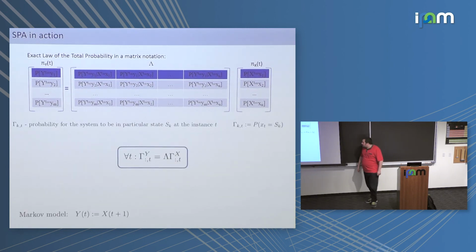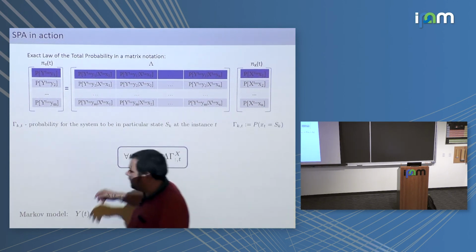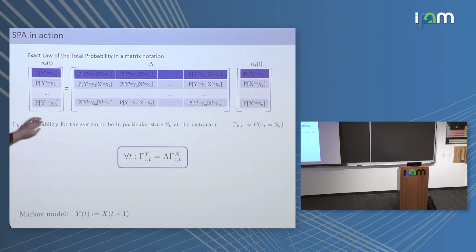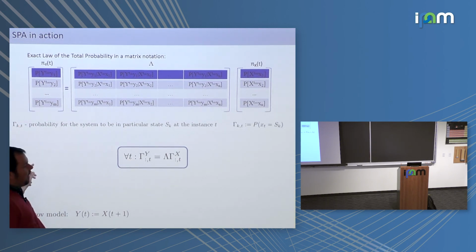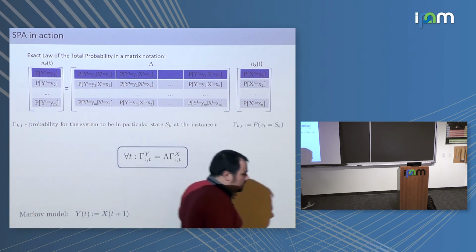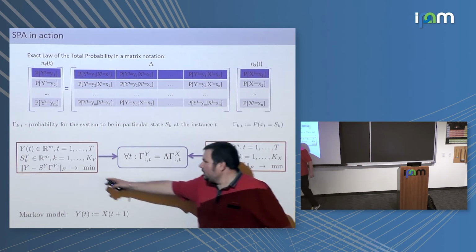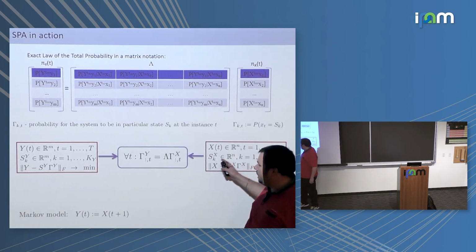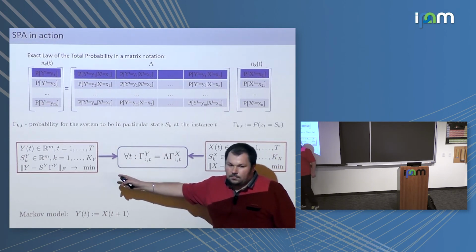So it looks like this, and this gamma, these probabilities of X and Y being in a given state, can be taken from SPA. So if I have two continuous signals, X and Y, I can apply SPA to both of them, take gamma, and find the corresponding conditional probabilities by solving this problem.